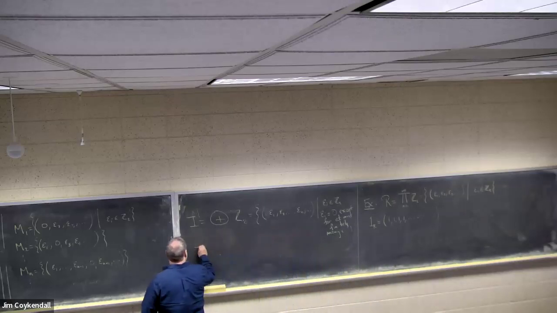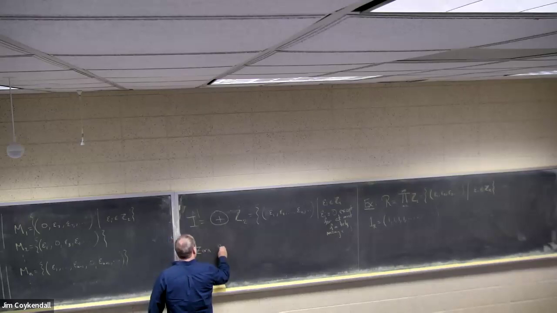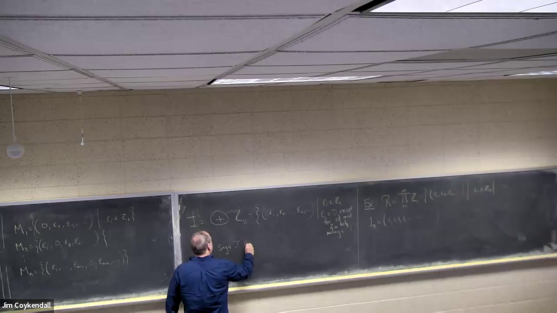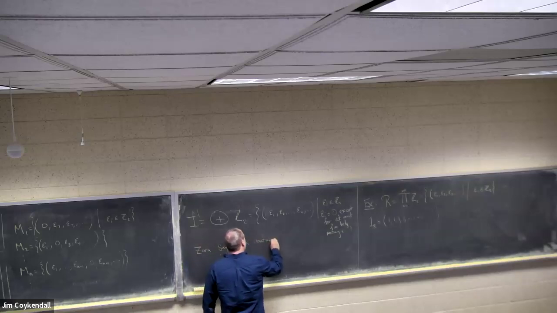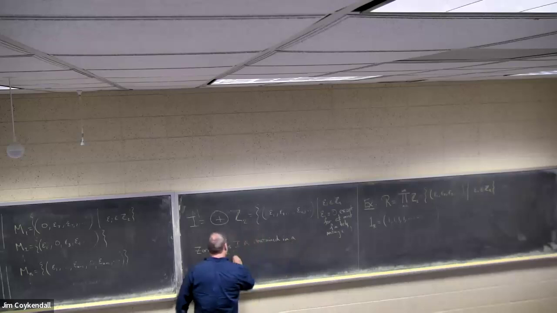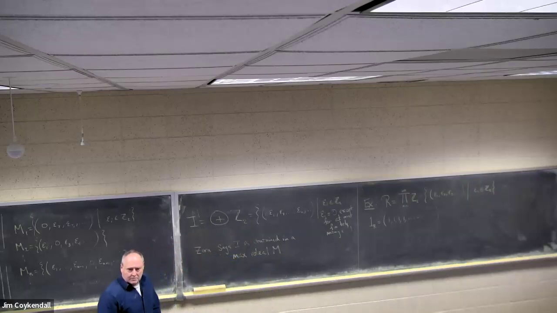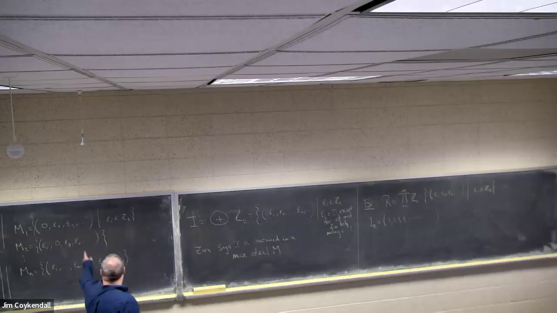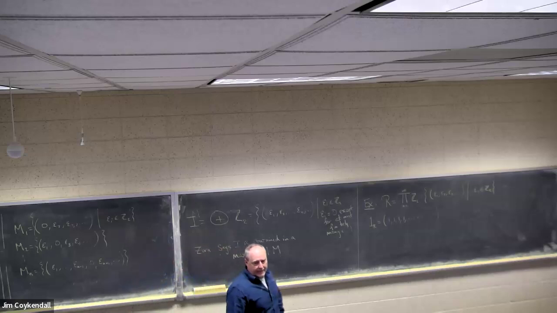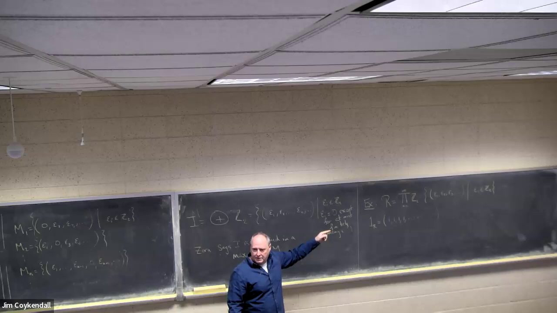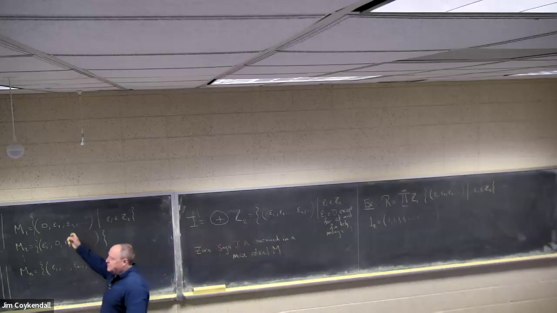Zorn's lemma says I is contained in a maximal ideal. But it can't be any of these. Because, for example, in the direct sum, I have 1 and then all zeros. 1 and all zeros is not in M1.